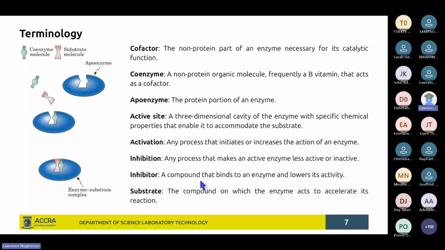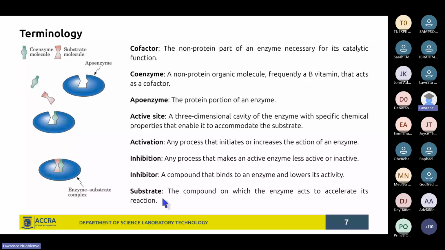We'll come to see how some of these processes of activation and inhibition are explored in, say, drug discovery. Then, of course, the substances that are reacting are what we refer to as the substrates. So those are the substances on which the enzyme is acting to accelerate their reaction.